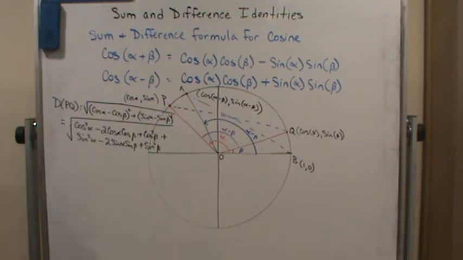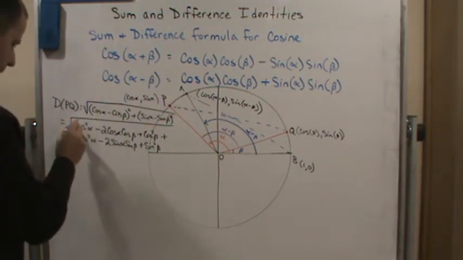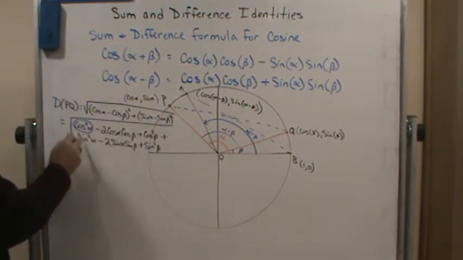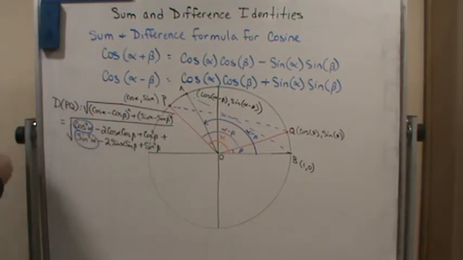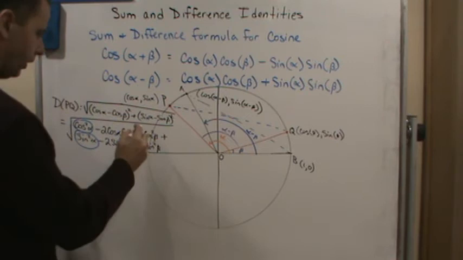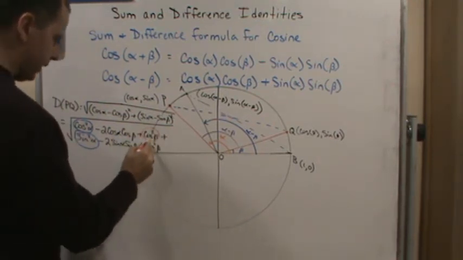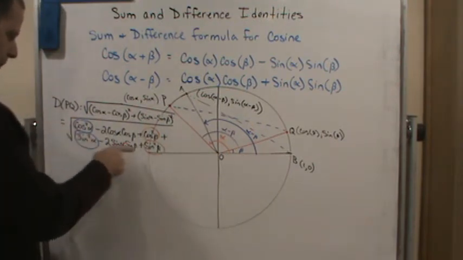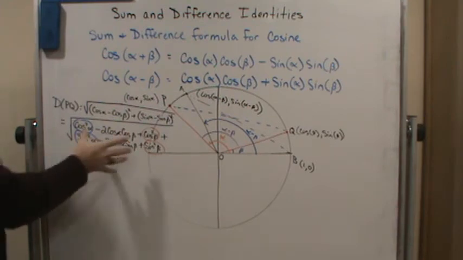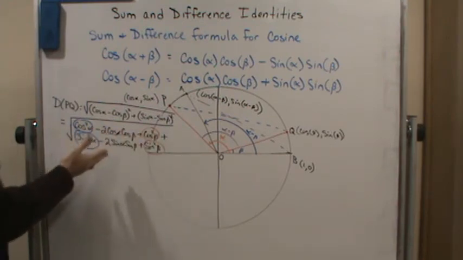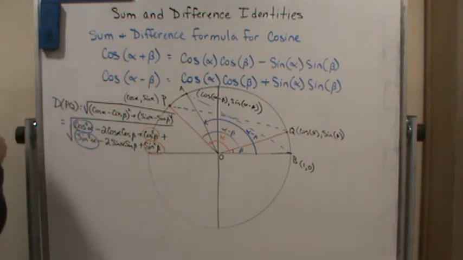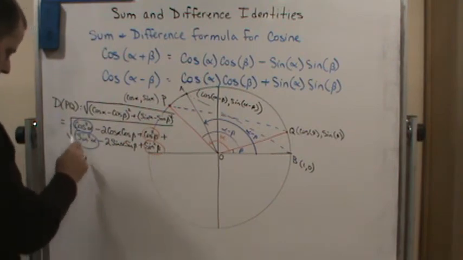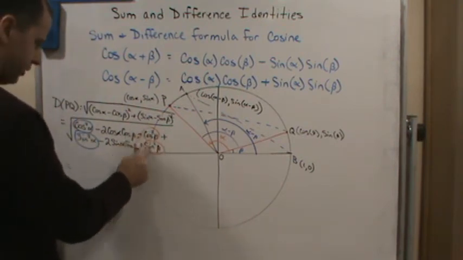Now notice that we have a cosine squared alpha and a sine squared alpha, and we have a cosine squared beta and a sine squared beta. Well, we can put those together because it's plus, right? These are positives, so we can move things around and those will become 1. So this becomes 1 if we group these together, and these become 1.